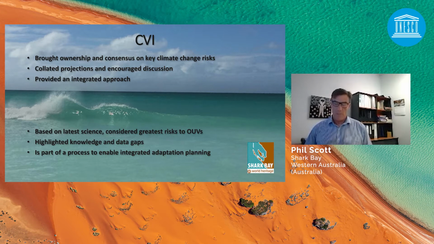And as I said, I think importantly it provides an integrated approach to climate change. It's focused on the OUVs and considers science, but it also considers community aspects as well. So for us, it certainly helped to highlight the knowledge that we had and the things that we didn't know or don't measure. That was a useful aspect as well.